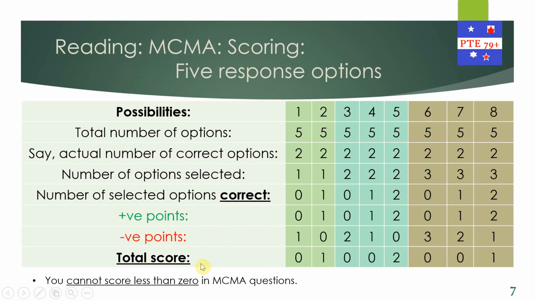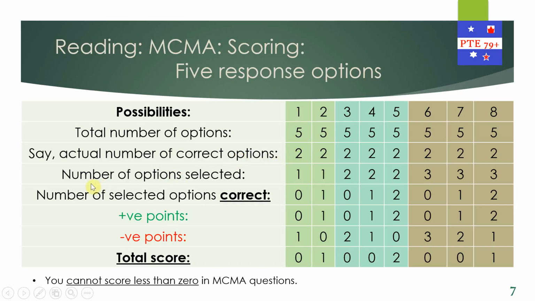So I'll just put possibilities here: what are the possible things and how the score is done. This is just a couple of examples, not all possibilities. Let's take the first possibility. Let's say the total number of options given is 5, and the actual number of correct options is only 2.